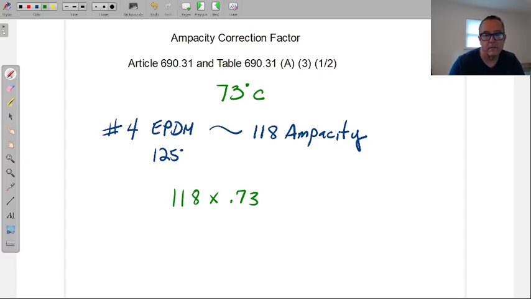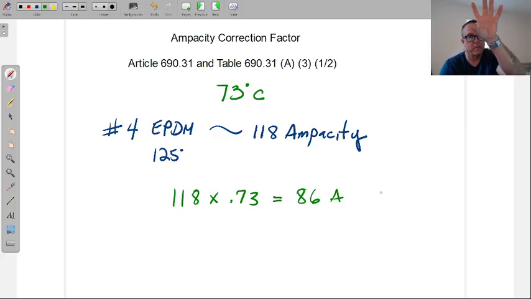We dropped. We lost a lot. We lost almost 30% of the wire's amperage capacity. We dropped all the way down to 86 amps. So the hotter it gets, the less amperage the wire can hold. One little added bonus to trickiness is that column that you have to make sure you're on based off of the temperature of the wire.